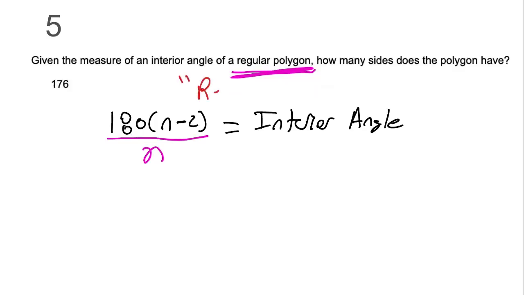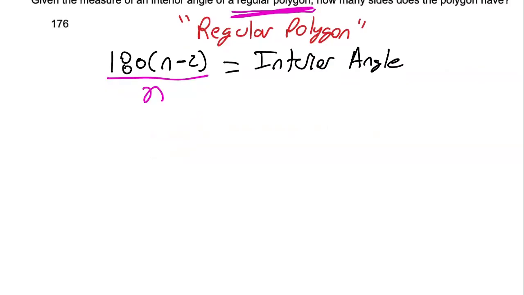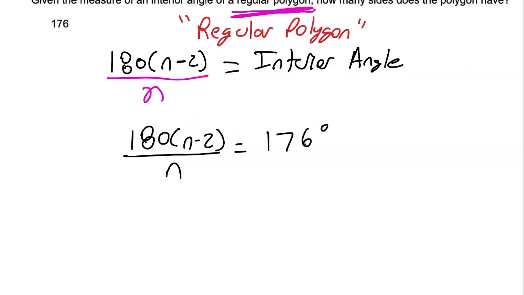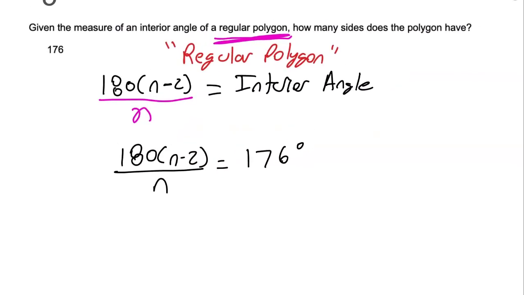So keyword, regular polygon. Since we know this is a regular polygon because it's literally in the question, we're going to use this formula to determine the number of sides. So 180 times n minus 2, divided by n, is equal to 176 degrees, because it literally says given the measure of the interior angle.